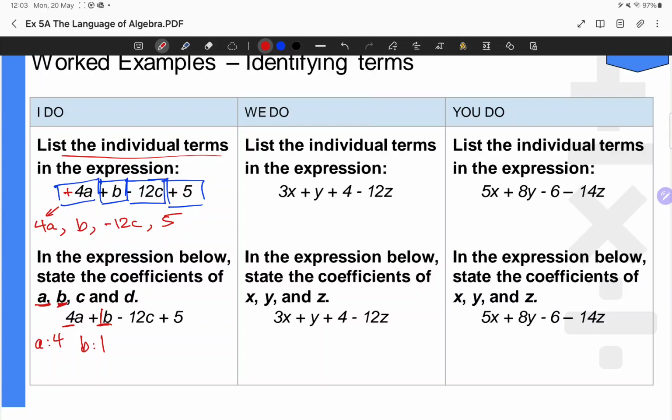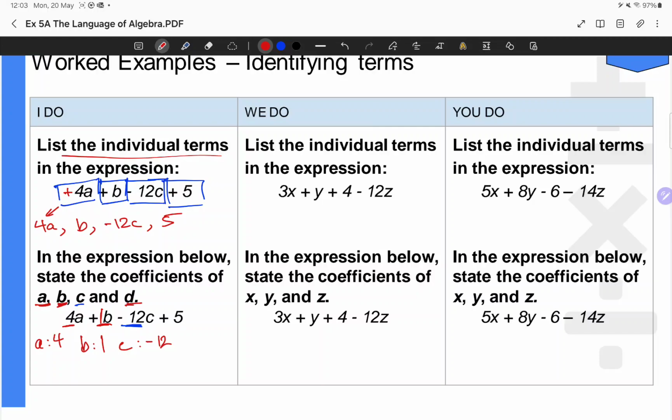This is where people get tricked, so don't make the same mistake. Right here with a C, you have C is negative 12. So that's what's in front of the 12, okay? You need to consider the whole thing as a block, just like it was on here. So negative 12.